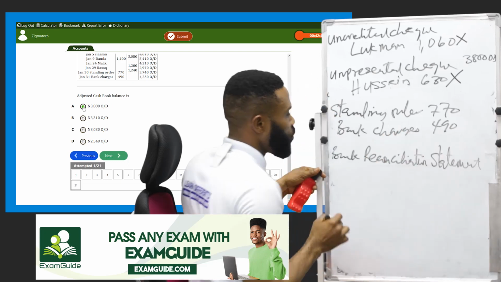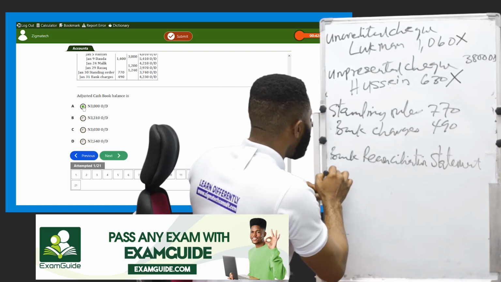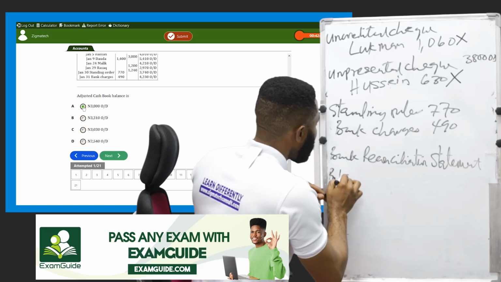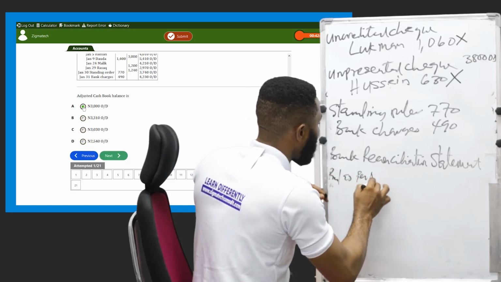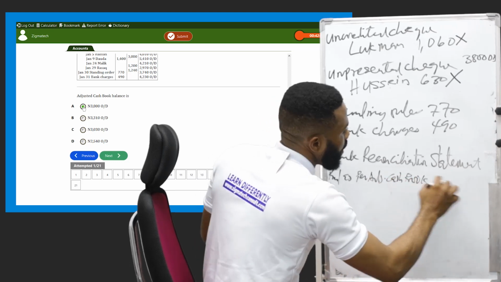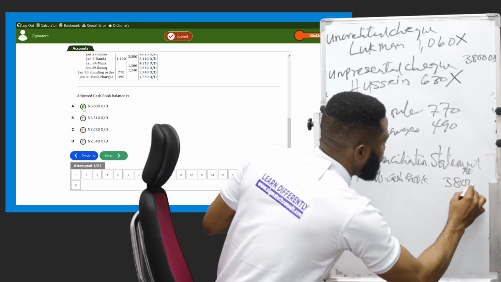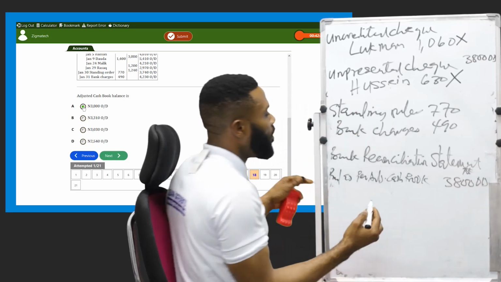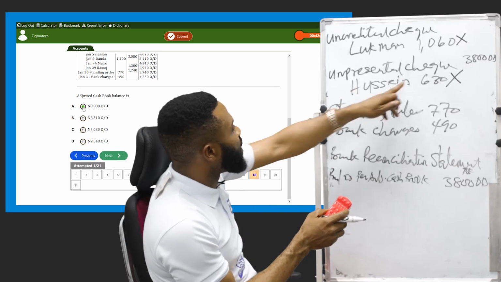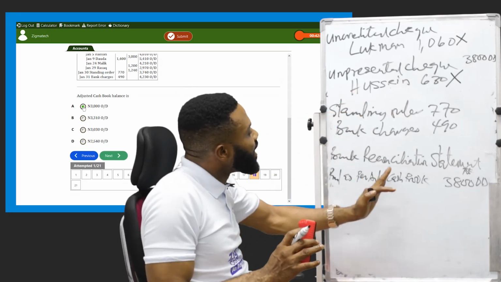This one is not part of the question, but I just want to point out something. So you write balance as per adjusted cash book. I said don't forget another sign. Is what? 3,800 OD. Normally, you are supposed to add unpresented check if it was a normal question, but in this case, it is an overdraft.